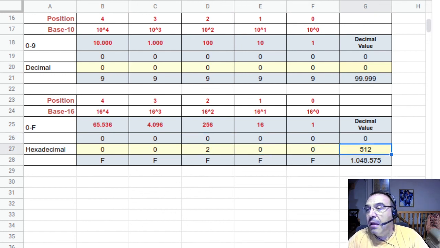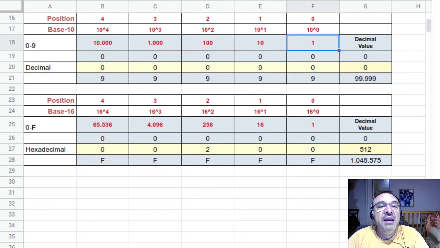So it's just making any combination of the valid digits for each base and then multiplying the digit in each position by the value of that position. In base 16 it's 1, 16, 256, 4096.